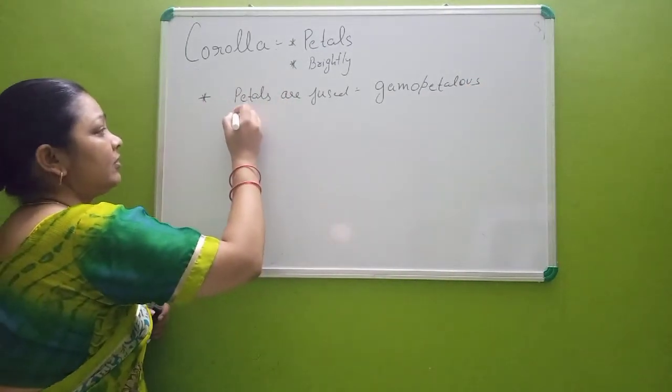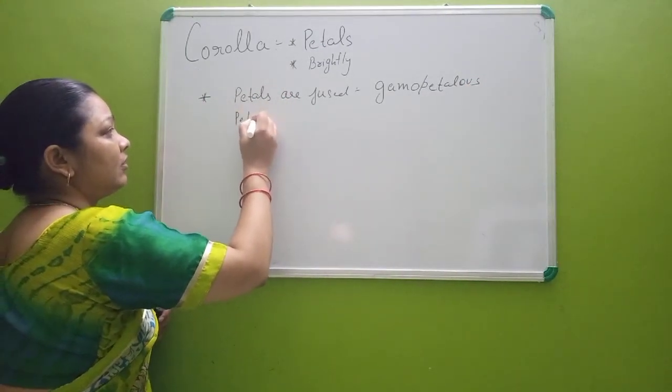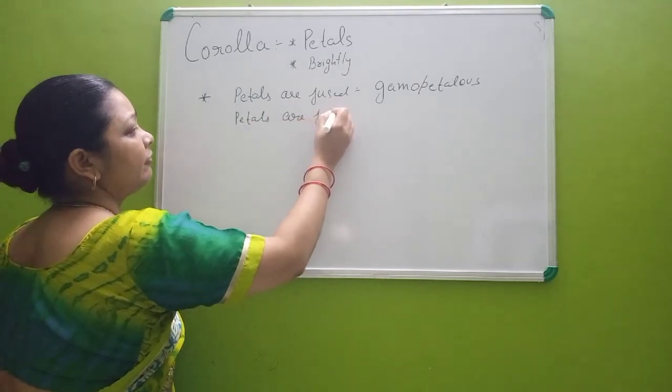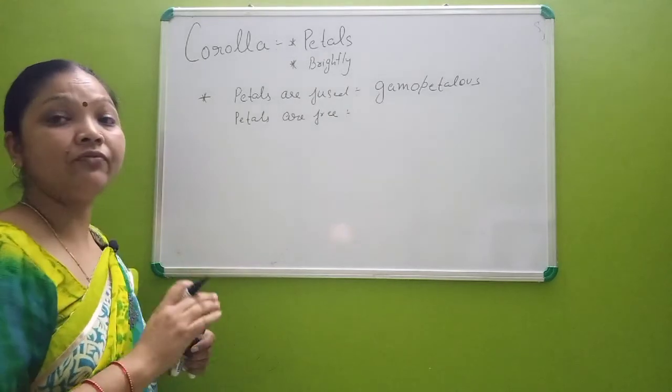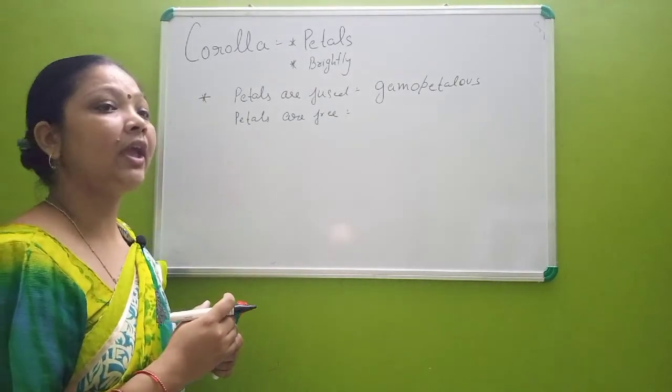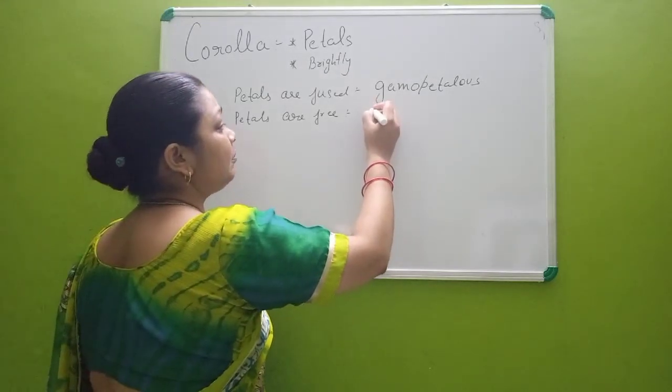And if petals are free, meaning they are not fused together, then this type of corolla is called polypetalous.